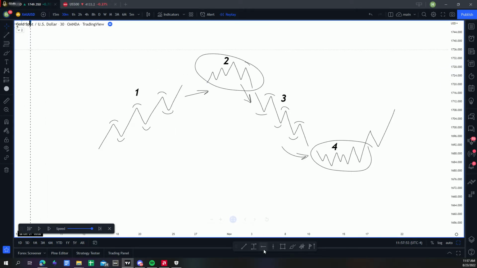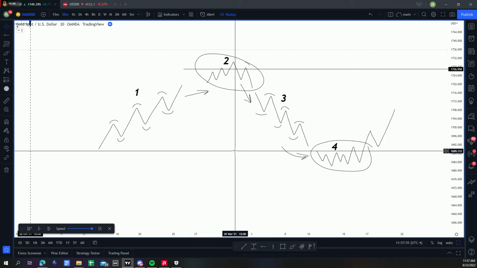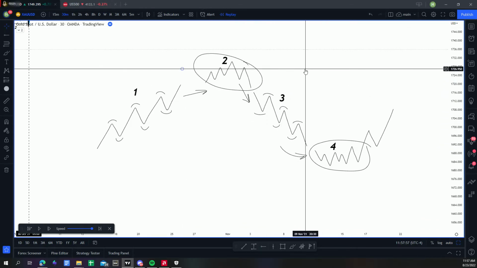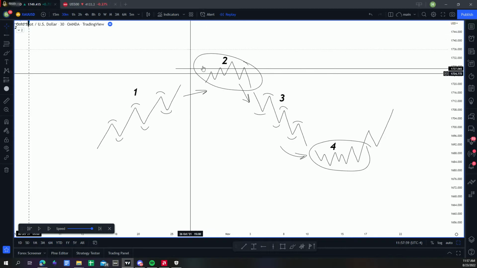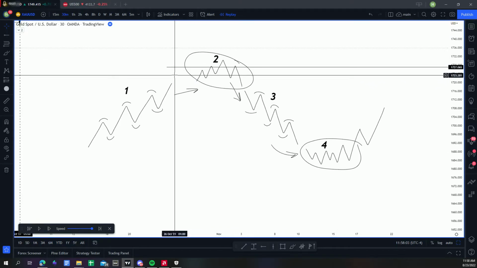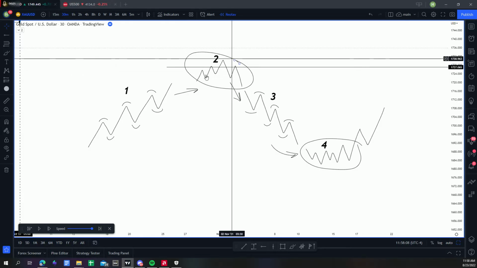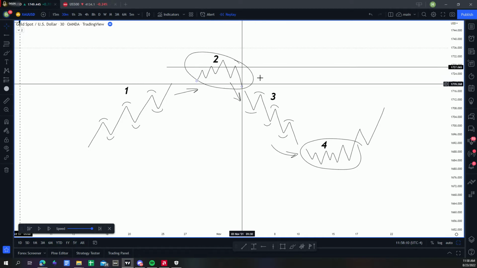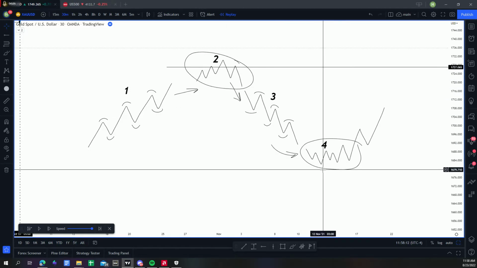So let's say hypothetically, right here at 1727, right here on gold, is an area that the entities controlling this market see as a fair value to allow it to top at and then begin a downtrend.